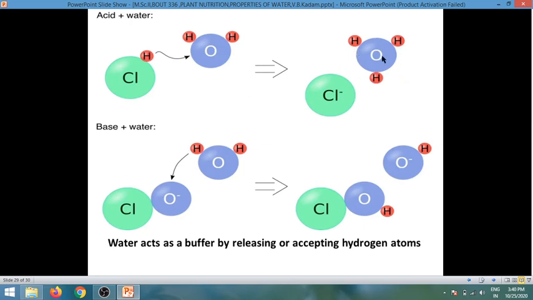The hydrogen bonds are attracting towards the water molecules from chlorine. That means accepting and donating. Here hydrogen is accepted, and in this case the hydrogen of water is donating towards the chlorine. Water acts as a buffer by releasing or accepting hydrogen atoms. Here it is accepting the hydrogen, and here it is donating the hydrogen.